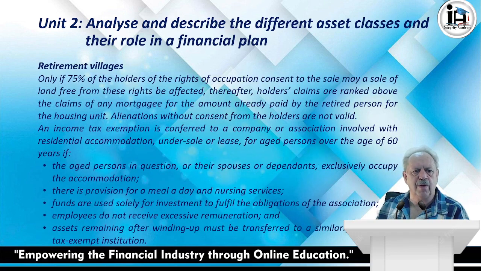Only if 75% of the holders of the rights of occupation consent to the sale may a sale of land free from these rights be effected. Thereafter, holders' claims are ranked above the claim of any mortgagee for the amount already paid by the retired person for the housing unit. Alienation without consent from the holder is not valid.